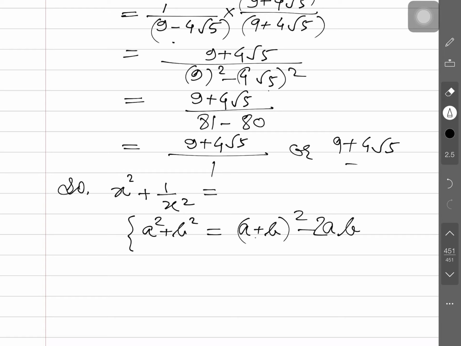If here plus, here minus, so here plus, the two formulas are there. You can use this or directly put the values here. So, this is to be written as x plus 1 by x whole square minus 2 times x into 1 by x. Okay. So, what is next?